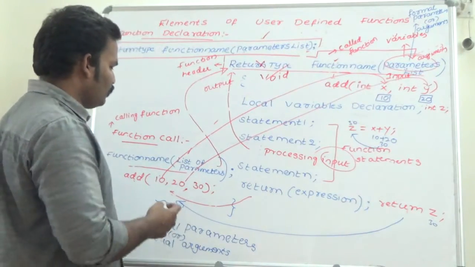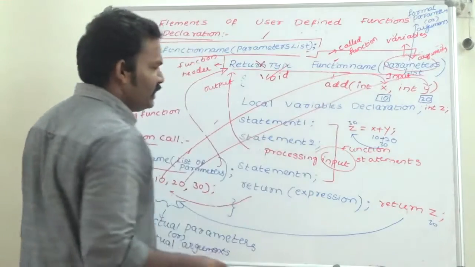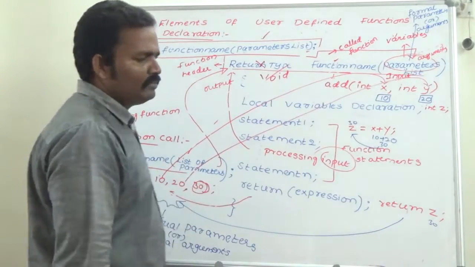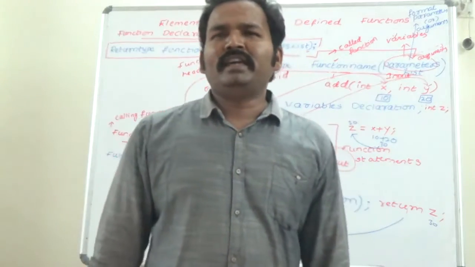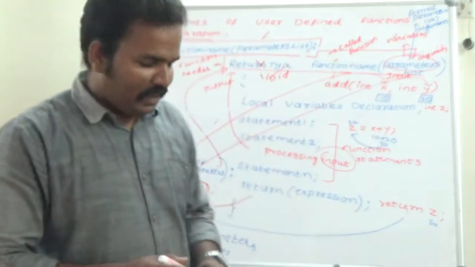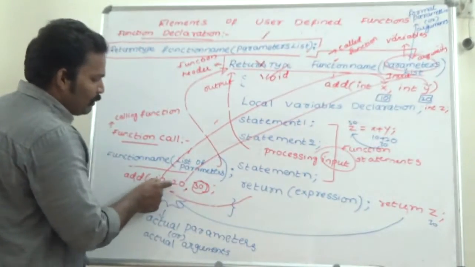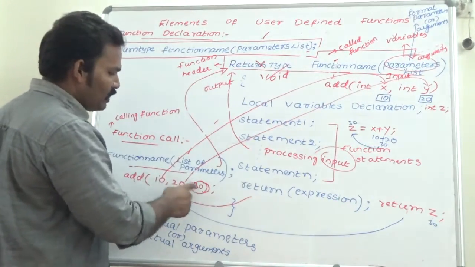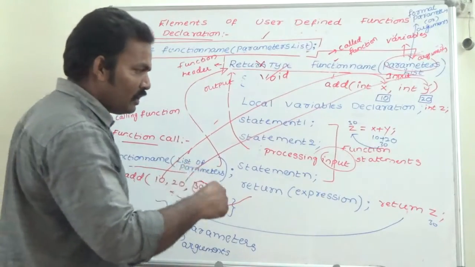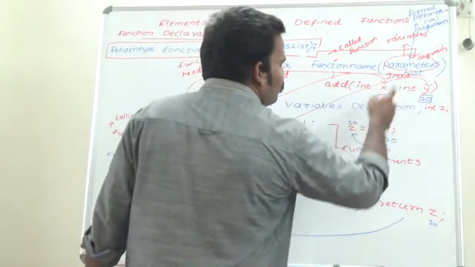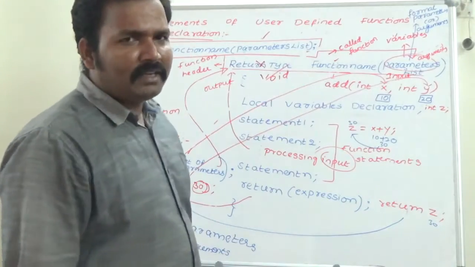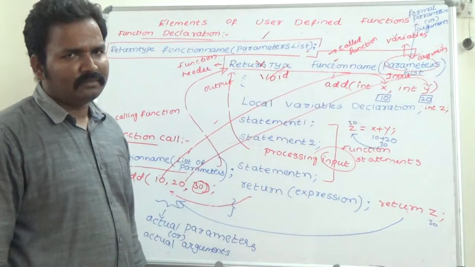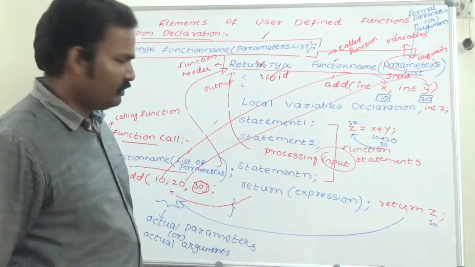In this situation, 10 is received by the x variable, 20 is stored in the y variable. So what about 30? 30 will be ignored. Clear? If the number of actual parameters is more than the number of formal parameters, the excess parameter is ignored. Okay, that is one case.